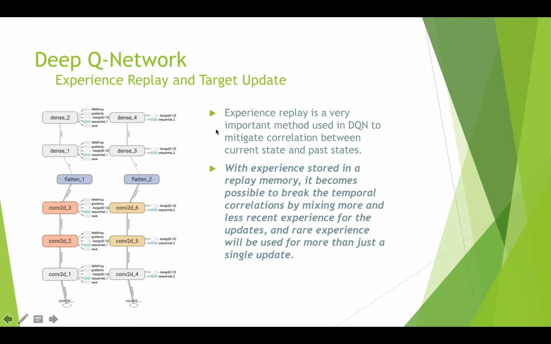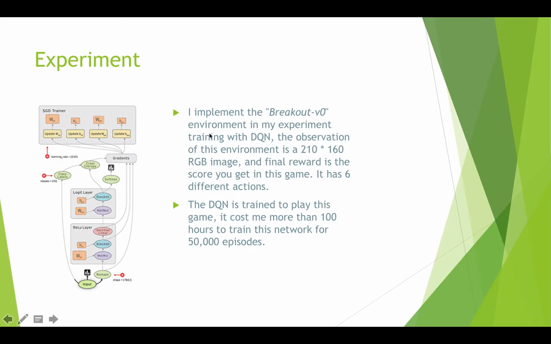And here we can see how this process is going. Here is the input, and this is the convolutional neural network. The output is the Q value, the output of the network. Then we use the gradients. Here we use the root mean square propagation optimizer to minimize the loss function obtained from the output of the convolutional neural network.